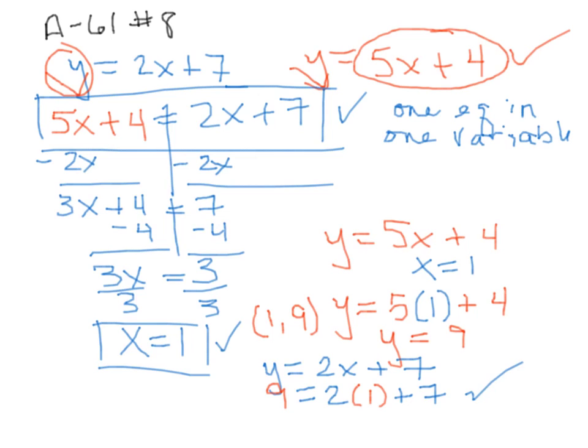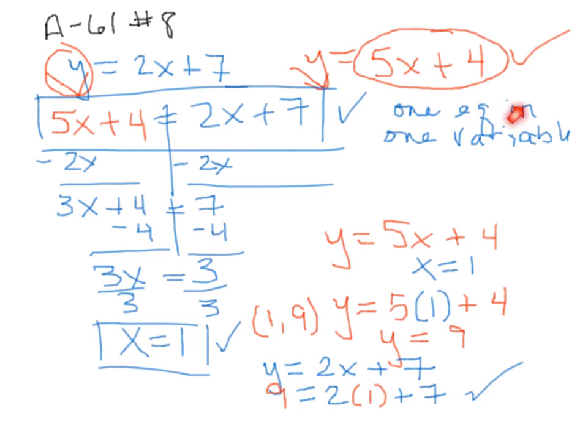Like I said, this was an easier one because y was already isolated for me. So I plug that into the equation in step 2. So this is the y that I put in, right? And then it's equal to what I have left.